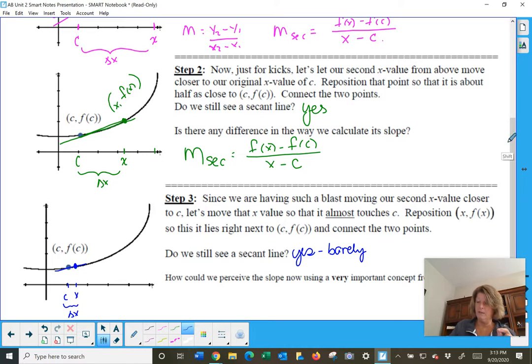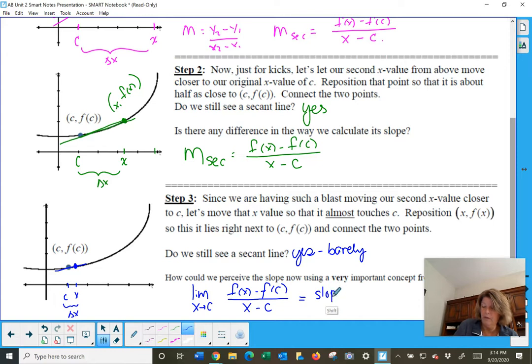How could we perceive the slope now using a very important concept here? What did it say in the bottom? Because I can't quite read mine. Very important concept from Unit 1. Well, we could write a limit equation on this, and I could say the limit as x goes to c of f of x minus f of c, that calculation for slope, over x minus c, that this is the slope of the tangent line.